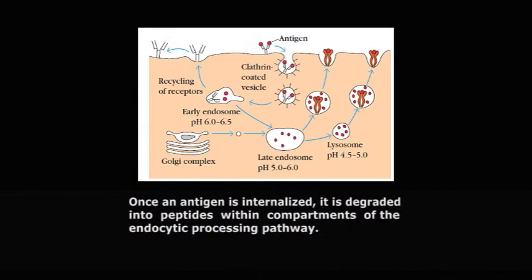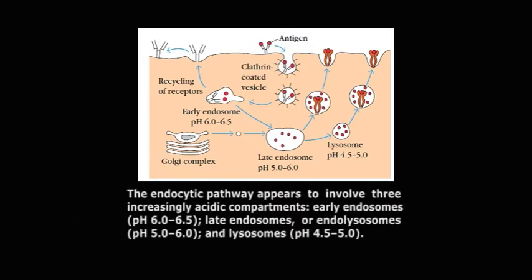Once an antigen is internalized, it is degraded into peptides within compartments of the endocytic processing pathway. The endocytic pathway appears to involve three increasingly acidic components: early endosomes, pH 6.0 to 6.5, late endosomes or endolysosomes, pH 5.0 to 6.0, and lysosomes, pH 4.5 to 5.0.